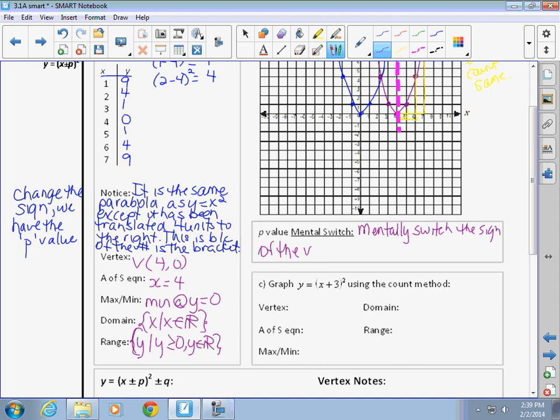So you mentally switch the sign of the value in the brackets to get the p-value sign. So in that equation, if it had been y is equal to x plus 4 all squared, our p-value would be a negative 4.